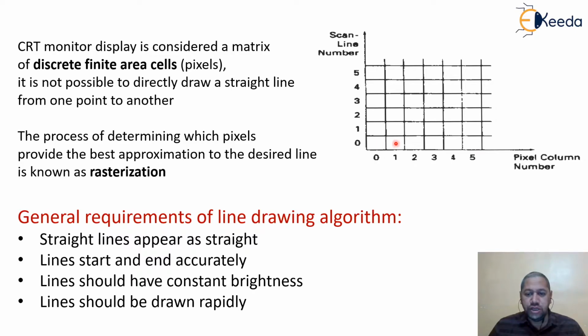For line drawing algorithms, we have learned the process of determining which pixel provides the best approximation to the desired line. This is known as rasterization, and we are going to work on the rasterization process, as we have to find the best pixel on the path of the line.